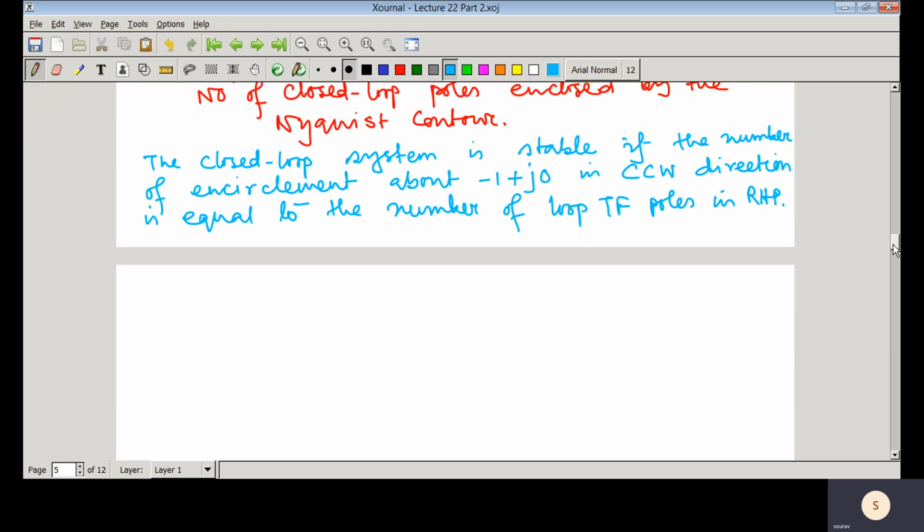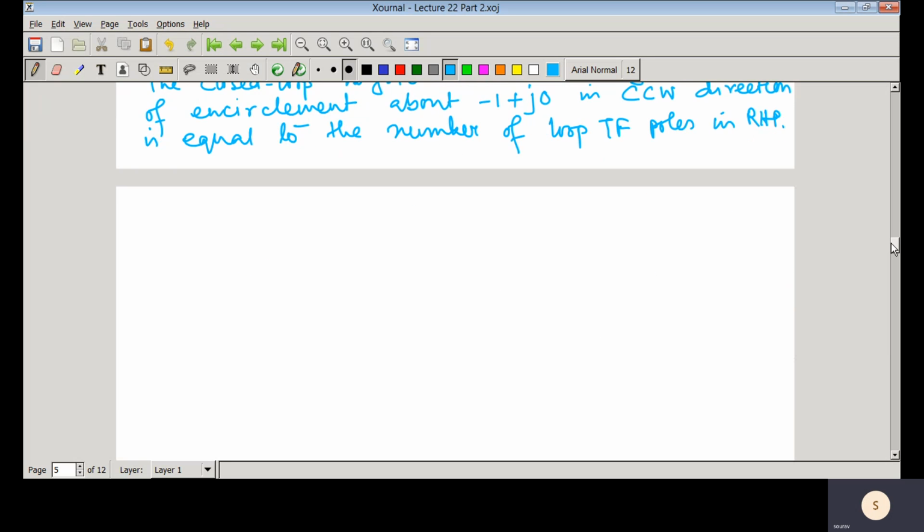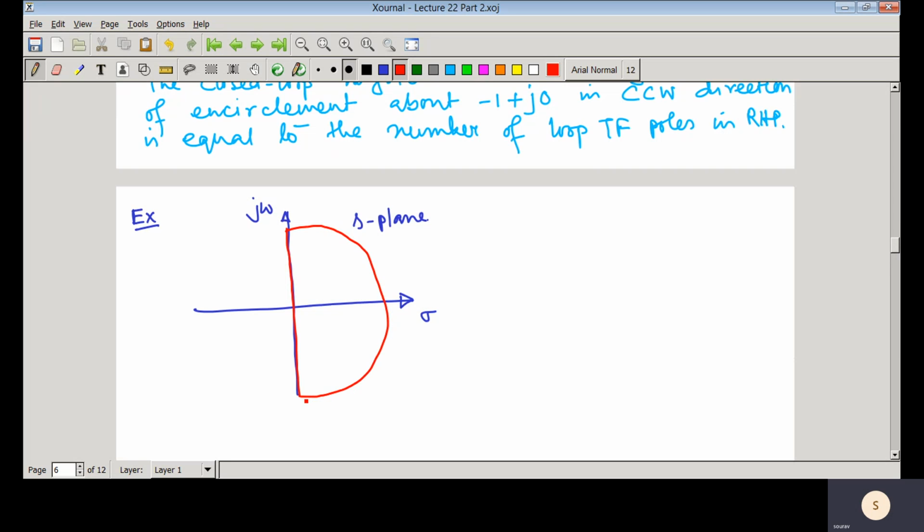So let us see two examples. So here, suppose this is that S plane, and it is that sigma, it is j omega. So the Nyquist contour, we have taken that this is that Nyquist contour. The important thing is this particular direction of rotation, we have taken clockwise direction.